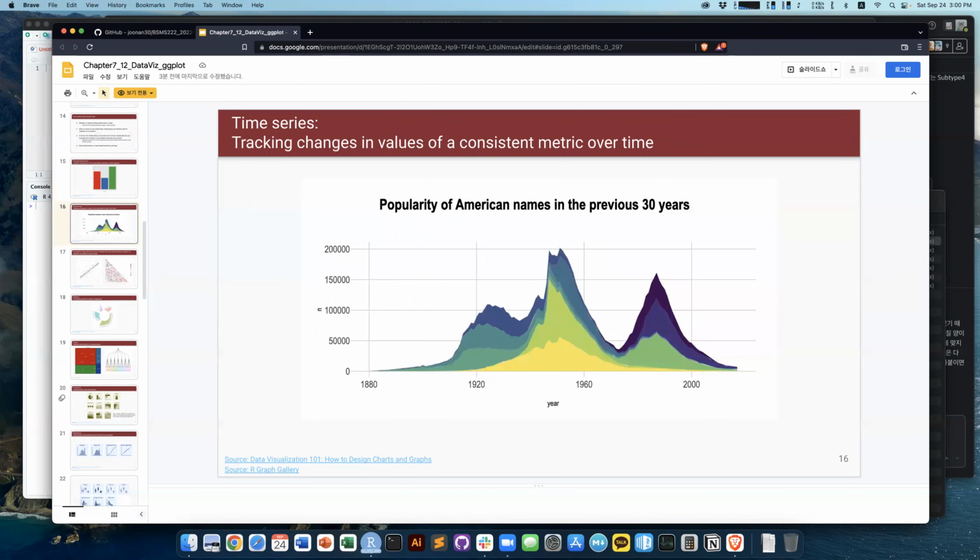Okay, another type of visualization we normally use is the time series. Literally, this is comparing the information flow by time changes or procedures. An example here is the popularity of American names over the previous 30 years, from the 80s to 2000s.